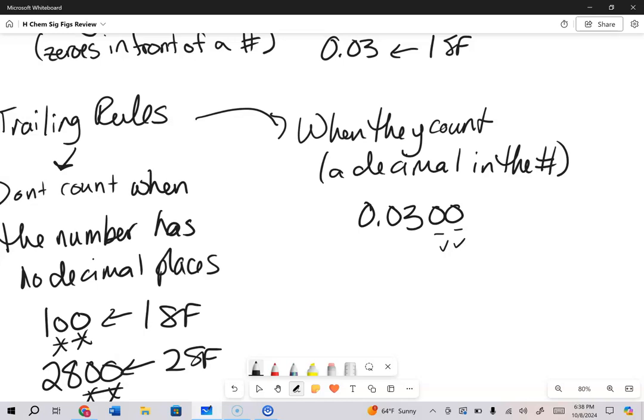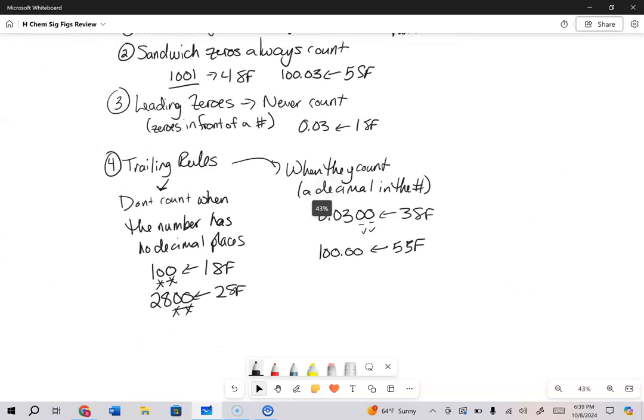They're at the end of the number, but they have a digit in front of them. So this one has 3 sig figs. Or this one, the zeros at the end of the number all count. So 1, 2, 3, 4, 5 sig figs. Why? Because the decimal is present in the number. Okay, so those were our rules for sig figs.